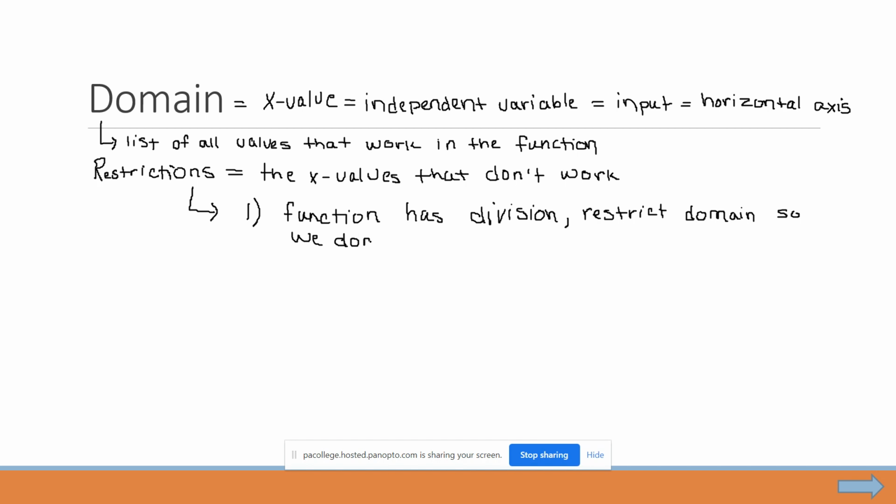And you may remember that division by 0 is undefined, and so that's why we can't divide by 0. That's going to be a number that we plug into the function and it would not work. Our calculator would give us an error, a computer would give us an error. It's not able to be done. So we have to do that restriction.